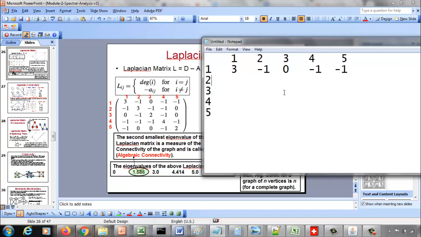Make sure you have either a blank space or a tab. Anything should be fine. So you should feed in the Laplacian matrix like this.